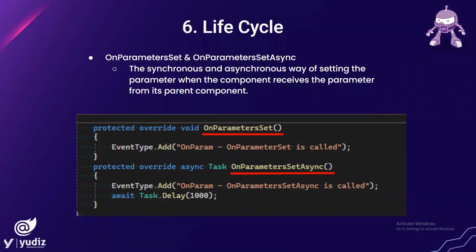After initialization, if the parameter is changed or updated, then OnParametersSet and OnParametersSetAsync will be executed again. In this snippet, we have two override methods. First is OnParametersSet and second is OnParametersSetAsync.